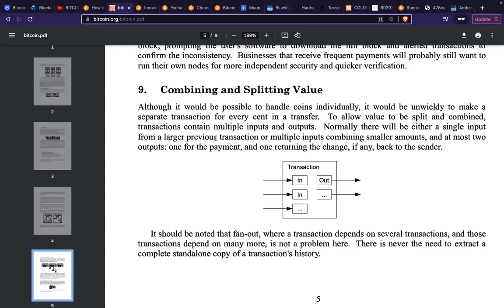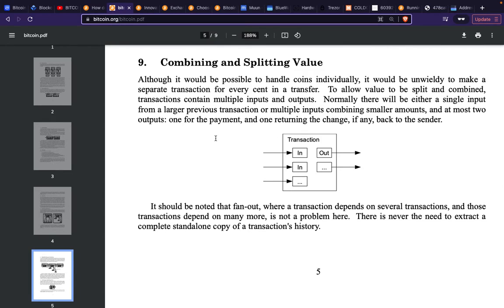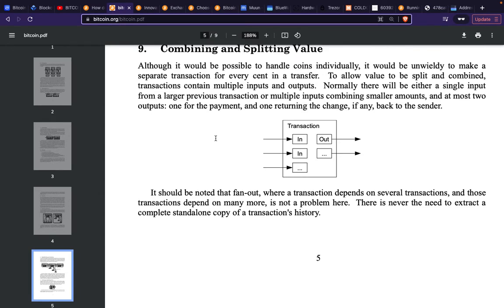Combining and splitting value. You have transactions. It should be noted that fan-out, where a transaction depends on several transactions, and those transactions depend on many more, is not a problem here. There is never the need to extract a complete standalone copy of the transaction history.